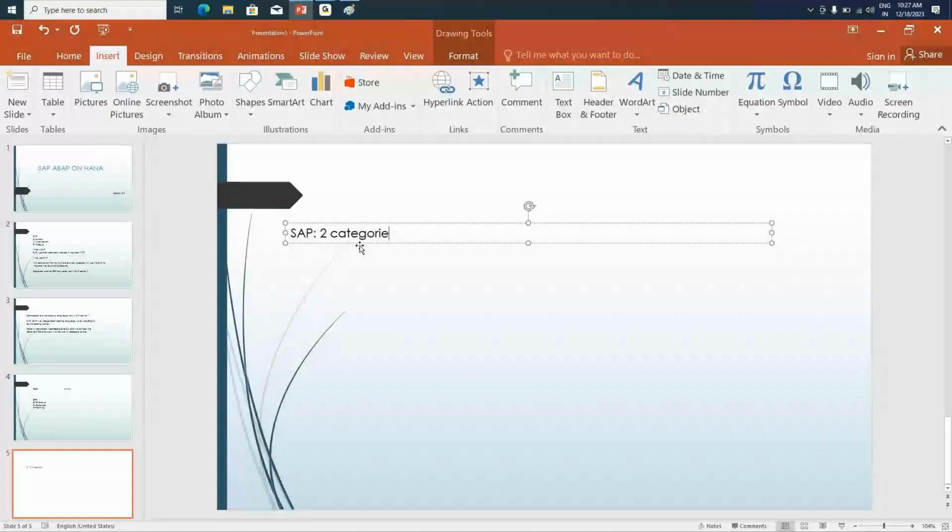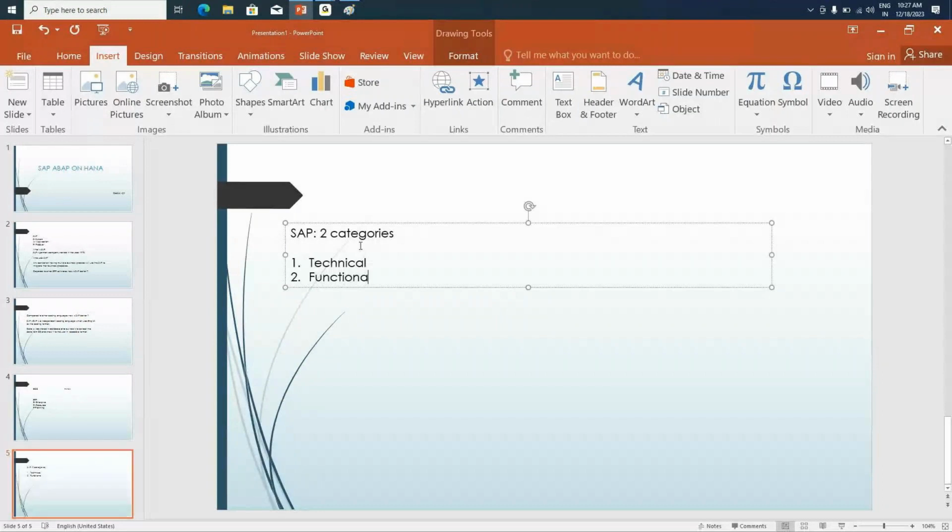One is technical, second is functional. So in technical, we'll have ABAP, we will have Basis, we will have database management or DBA, database admin, etc.